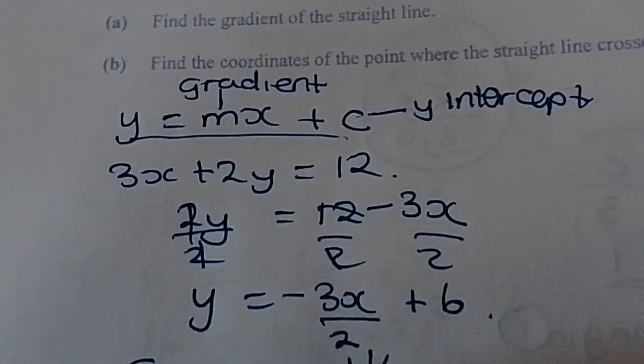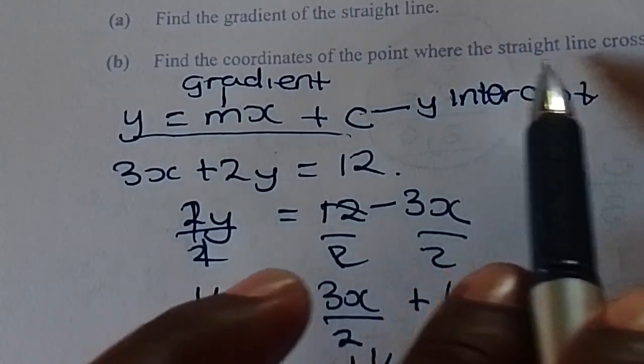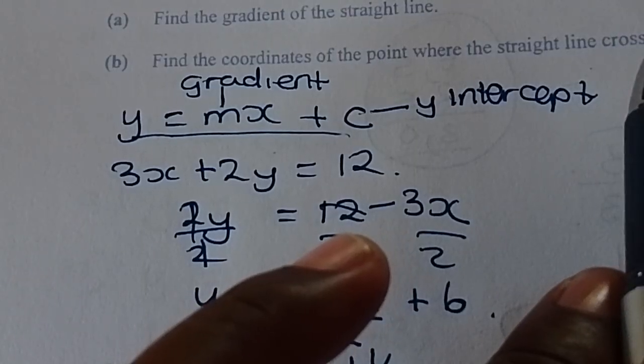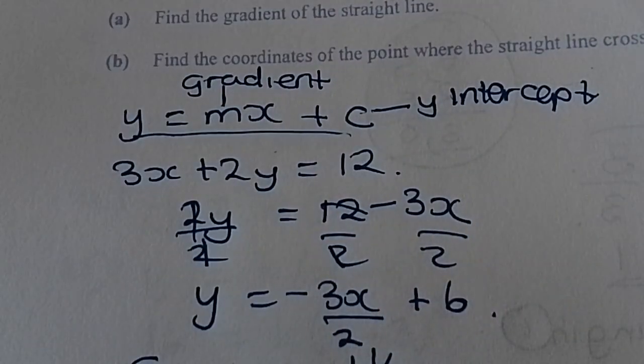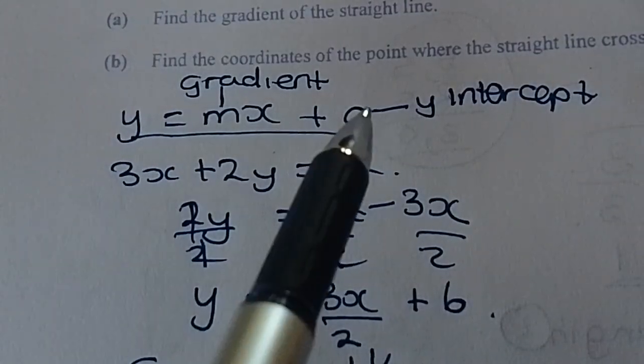So gradient is equal to negative 1 and a half. Then part B. Find the coordinates of the point where the straight line crosses the y-axis. The straight line crosses the y-axis at the y-intercept, right? That's where our line cuts the y-axis.